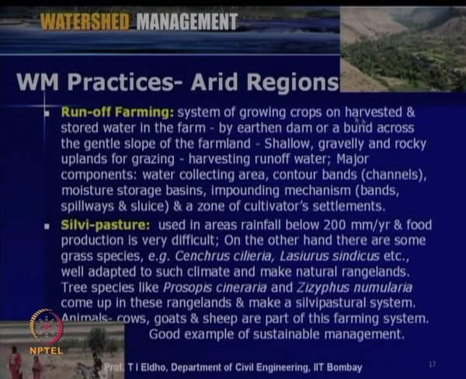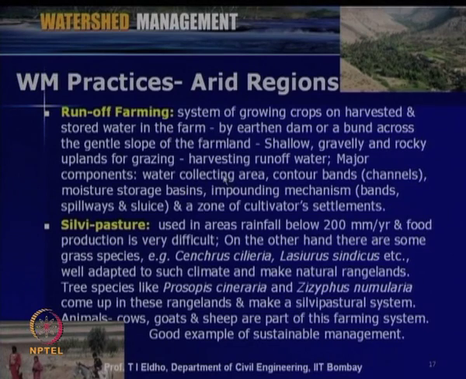This is a system of growing crops on harvested and stored water in the farm by earthen dam or bund across the gentle slope of the farmland. In this runoff farming, the shallow, gravelly and rocky uplands, like this rocky upland, we can keep for grazing, and then we can harvest the runoff water coming from the uplands using various water harvesting techniques.